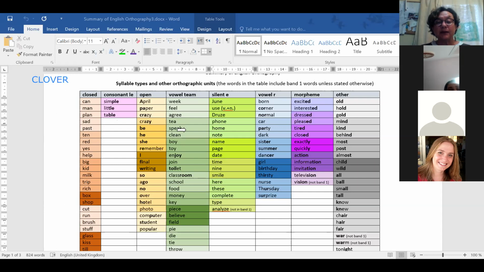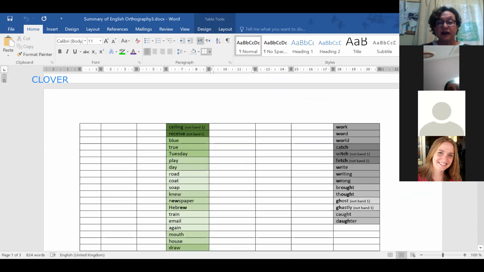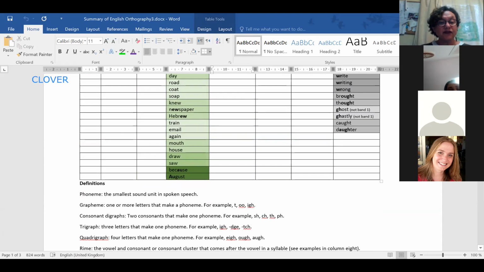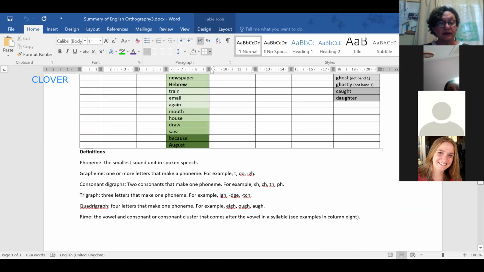Vowel teams, each time it's a different shade of green, depending on what particular vowel team we're talking about, okay? And so on. Now, if I go down this, hang on, I'm just gonna move you all across here so that I can do this. I'm just going down on this particular page, and you'll see that after you've got these particular groups, there are different definitions, okay?